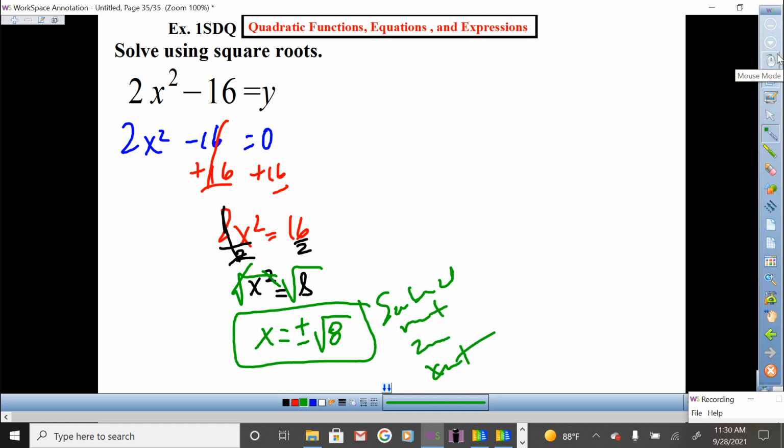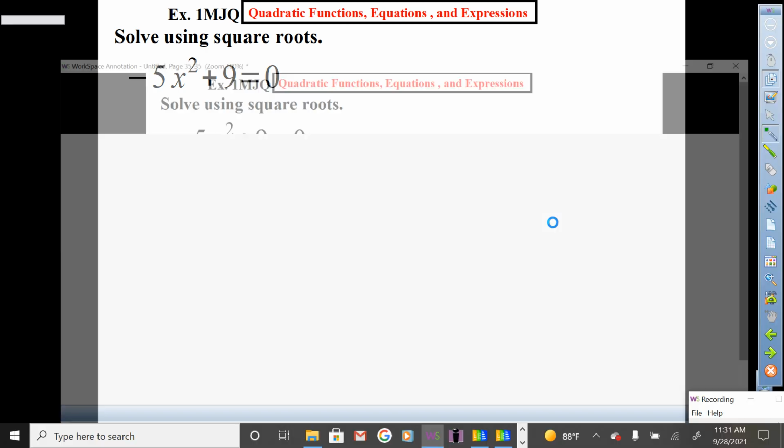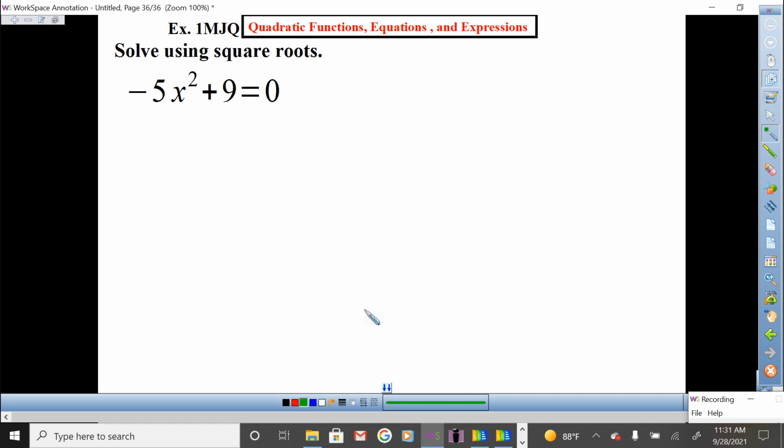Copy this one. Example 1: negative 5x squared plus 9 equals 0. And what do you guys notice on this one? They already did the first step, yeah? Okay? All right, let's see.